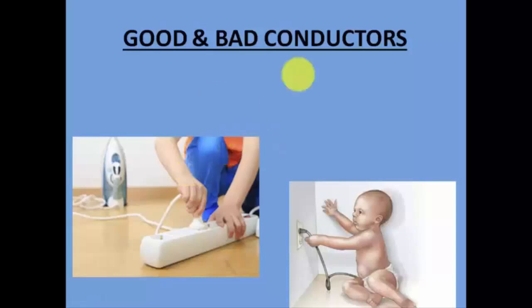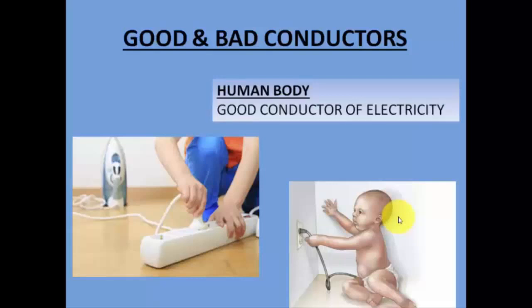So we should be very, very careful that at our homes, especially small children, should not be allowed to touch any wire which is lying naked, and should not even be allowed to touch the plug points, because they can give a heavy shock to the human body. So this also confirms that the human body is a good conductor of electricity, right?